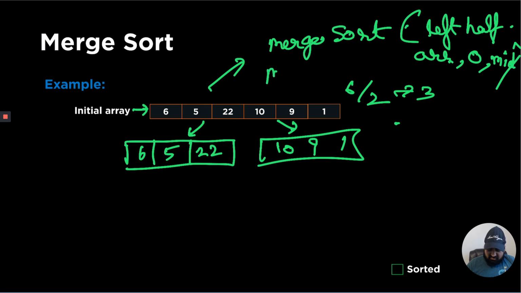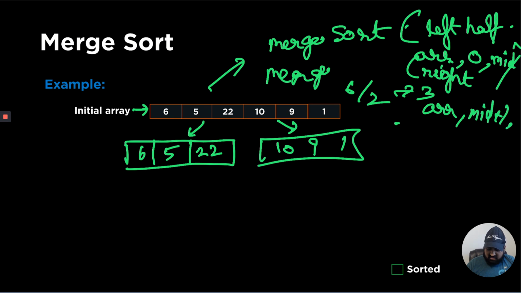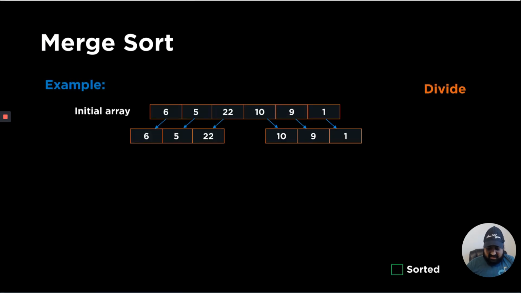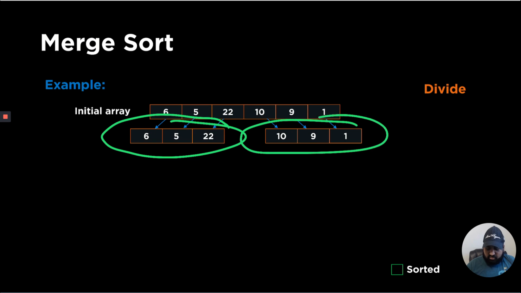And then we can call merge sort on the right half, which is technically equal to arr comma mid plus 1 and the end, which we already have access to. So in the first pass, or the dividing stage, we have broken down this array into two small halves of equal size. Now we are going to call merge sort on these two halves.